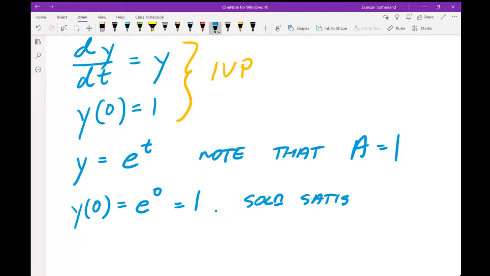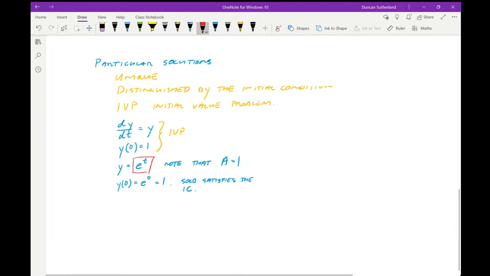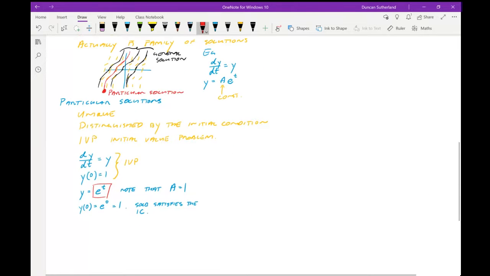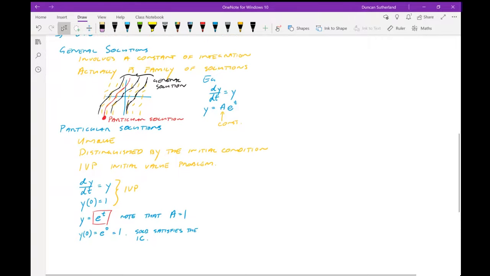If I take my solution and plug in t equals 0, I get y naught equals 1. Okay, so I'll just pause for questions on this idea of general and particular solutions.